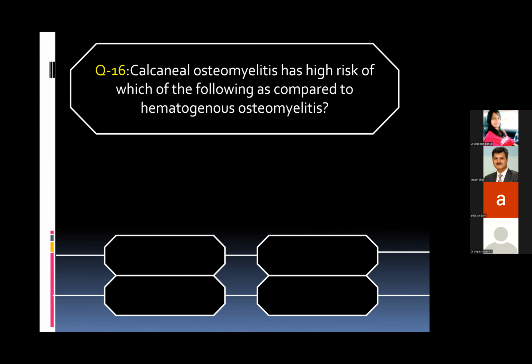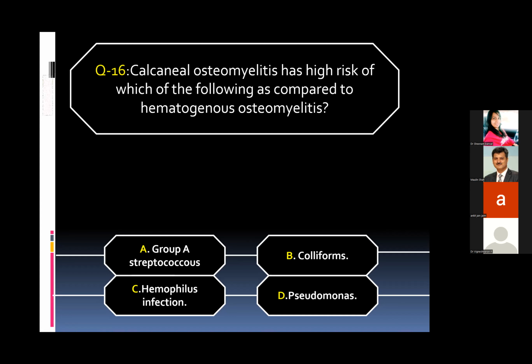Last question: calcaneal osteomyelitis has high risk of which of the following as compared to hematogenous osteomyelitis? This is straightforward. What do you think? Haemophilus. Okay. Anyone else? Pseudomonas. So Pseudomonas is the right answer.